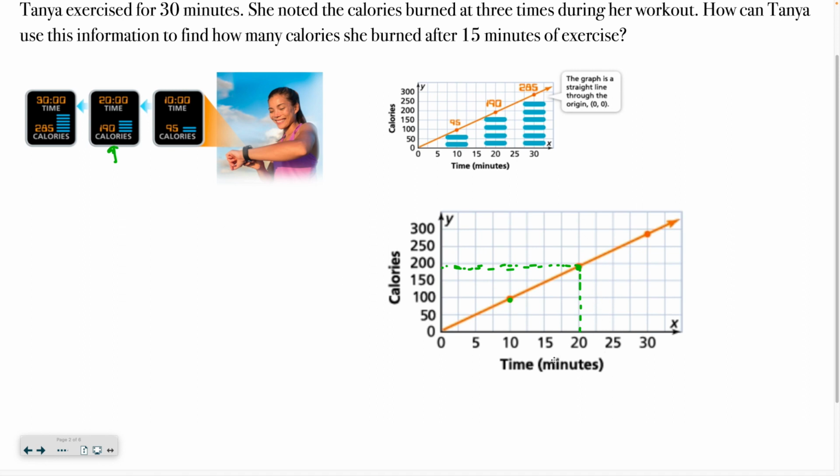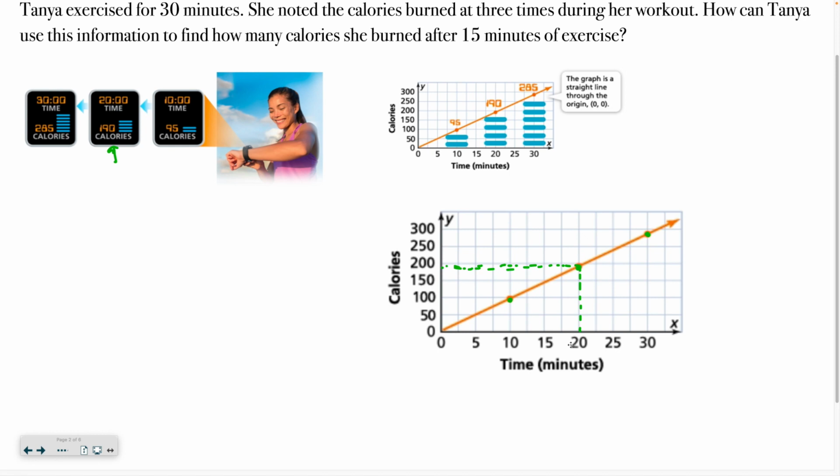So we could use the graph to try to find how many calories Tanya has burned after 15 minutes of exercise, because that wasn't one of the times that she had checked, right? She had only checked after 10, 20, and 30 minutes.